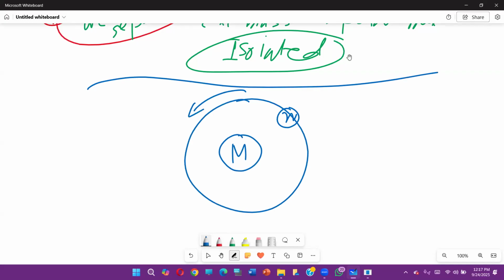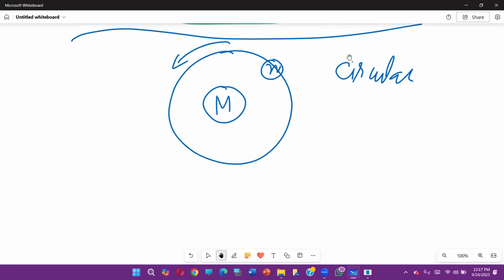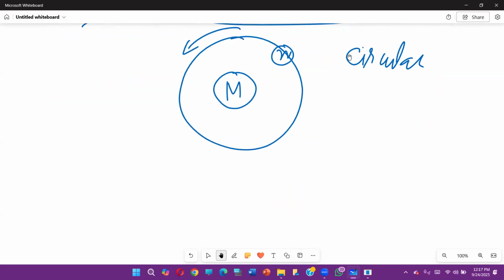In our course, we assume the orbits are circular. Now, this mass is orbiting a bigger mass. Why is it orbiting, and if it is orbiting, how is this smaller mass getting the centripetal force?